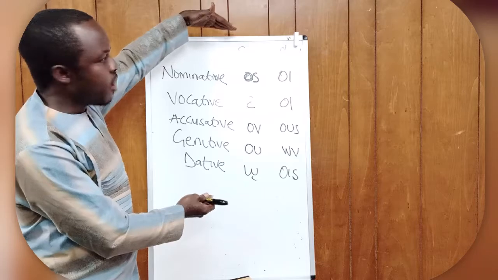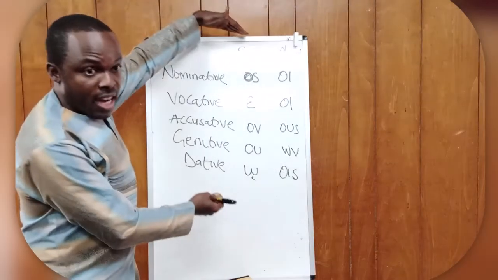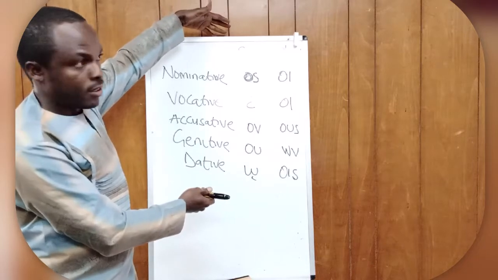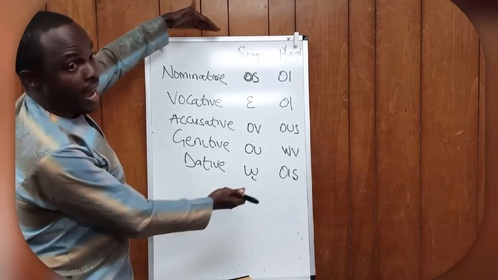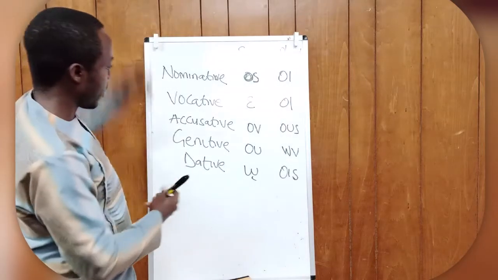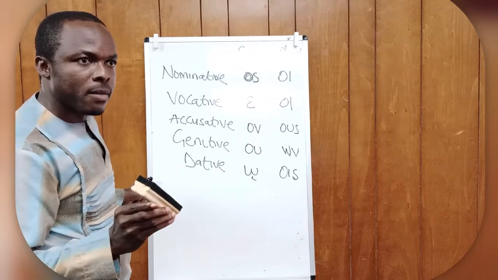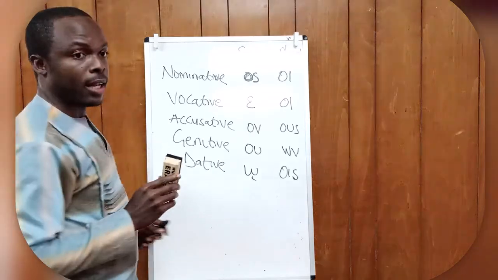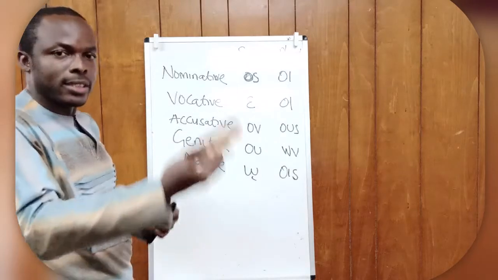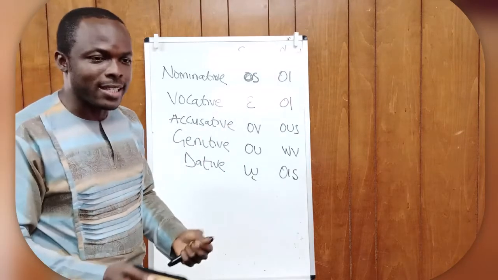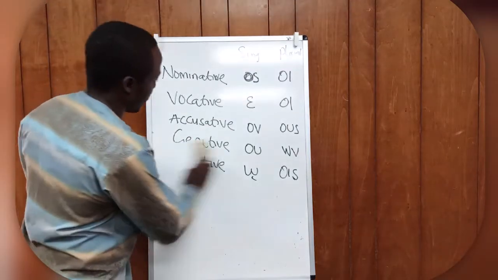Remember, I said earlier on, both the masculine and the feminine nouns in the second declension have the same set of endings. These are the endings. Let me give us some vocabulary that we will work with as we progress, because in the next class, I will introduce us to translation.